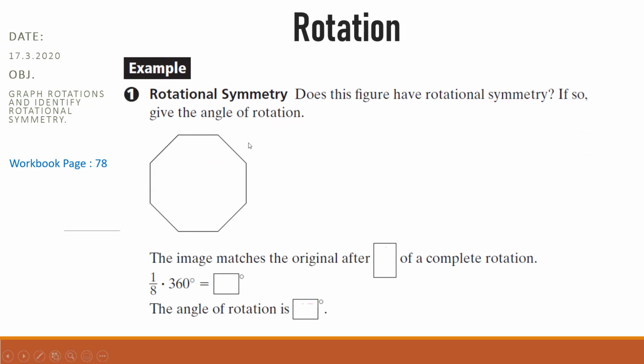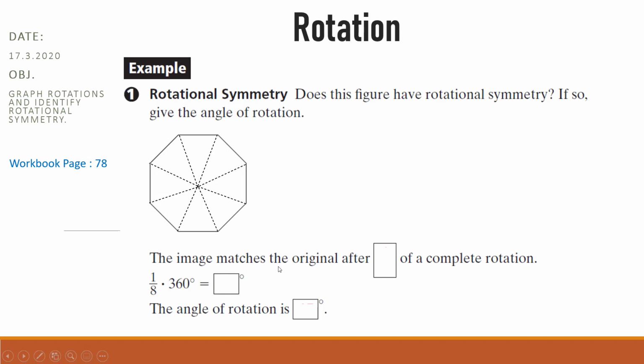Now in this figure we want to find the angle of rotation. Let's do the same as the previous example. How many parts can we divide the whole turn into? Yes, count them. 1, 2, 3, 4, 5, 6, 7, 8.